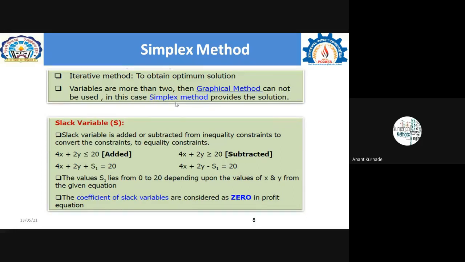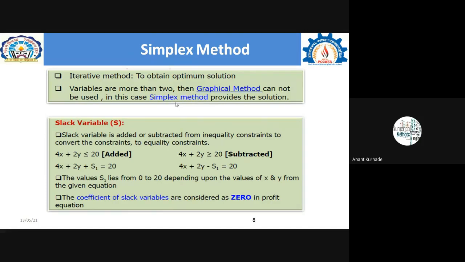Whenever you go through interviews, one can ask you this question: in the simplex method or in optimization, tell me the limitations of the graphical method. This point is very important, so please write it down somewhere. When the variables are more than 2, we cannot use the graphical method.